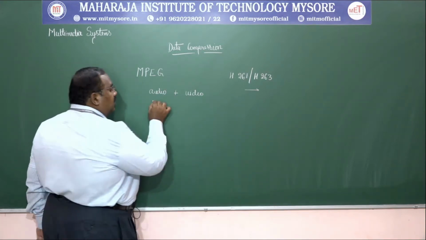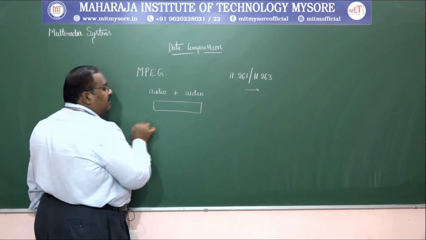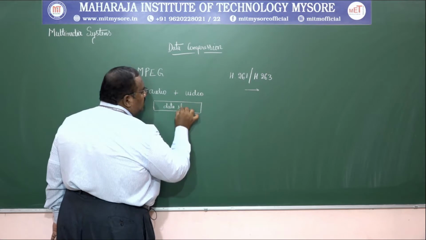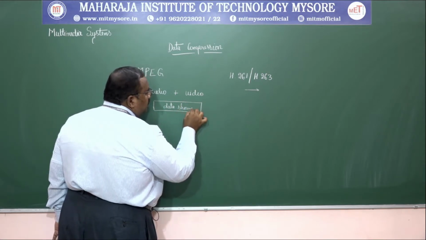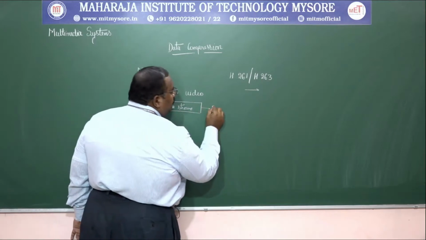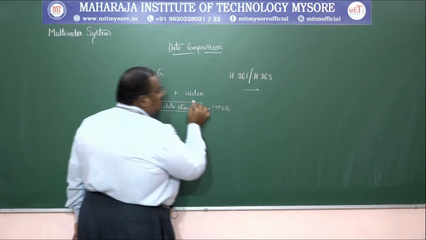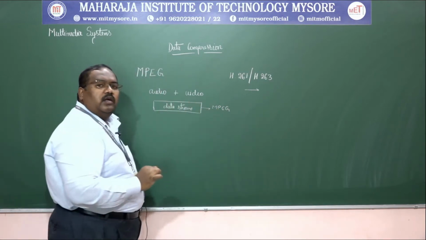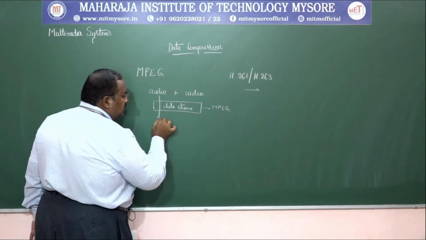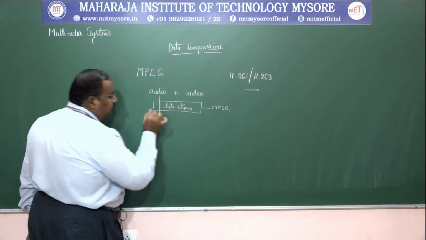So, when we talk about the compression, if this is the data stream, whereas an Mpeg consists of two, that is the audio plus video. When we want to compress, the audio will be compressed into MP3 format.